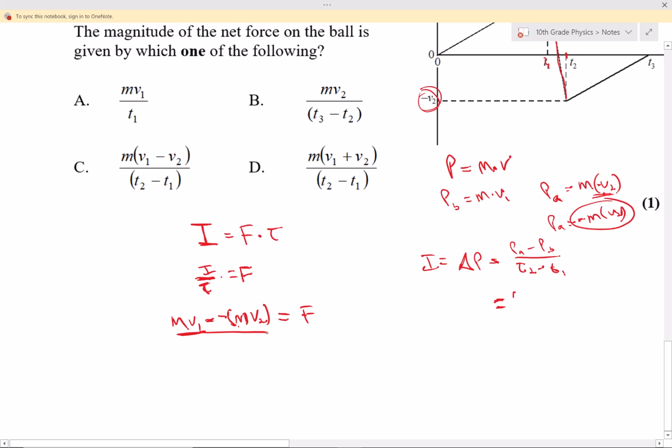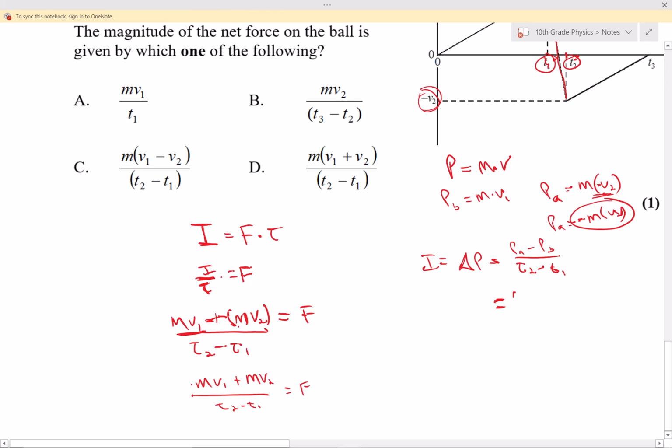And then over the time, we want to think how much time did it take for this to happen. Well, it occurred between t1 and t2, so it's just how much time occurred between those two times. So it would be t2 minus t1, right? And so then you can work this out, and the sign turns to a plus sign, right? So now you have mv1 plus mv2 over t2 minus t1.